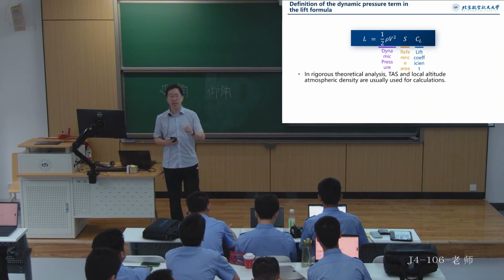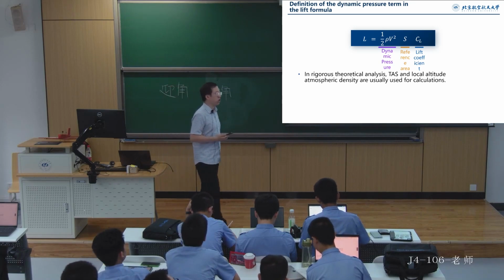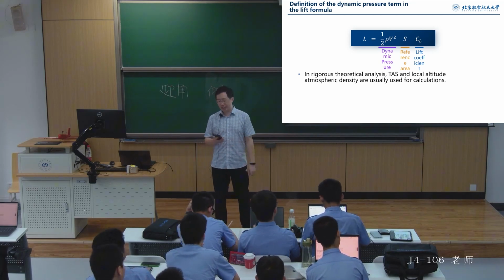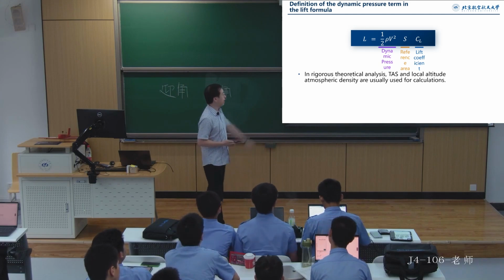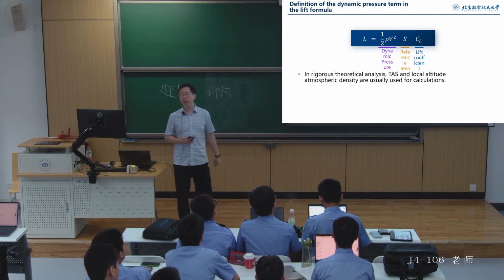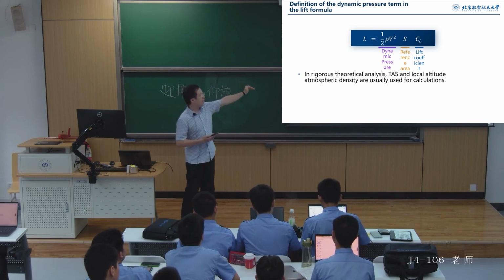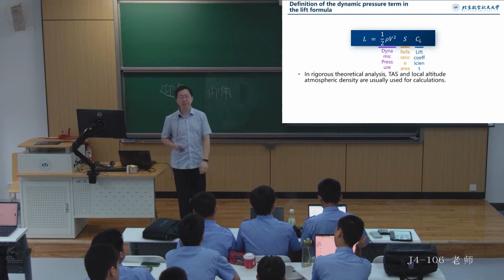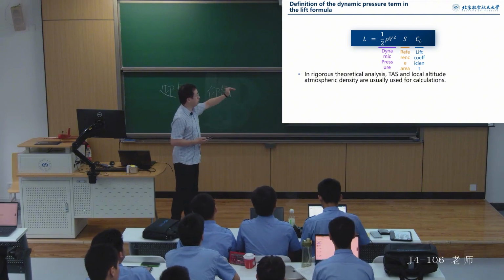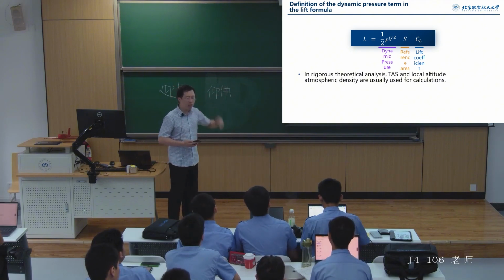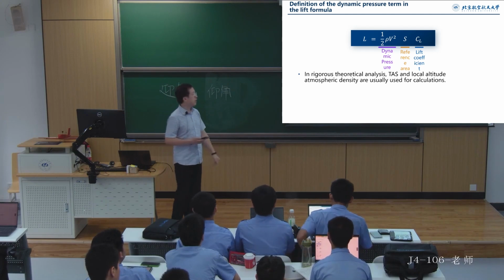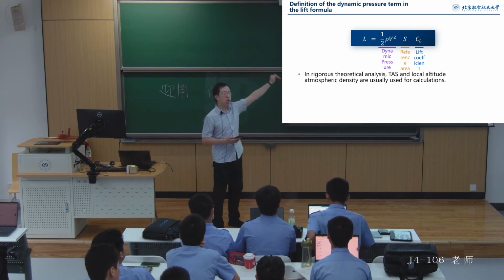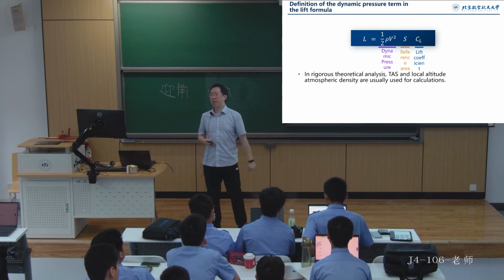Here, I would like to further explain this lift formula to everyone. First, we need to memorize this formula, which consists of components like dynamic pressure, reference area, and the lift coefficient. When using this formula, if we are conducting a very strict theoretical analysis in our calculations, what density should be used in the dynamic pressure?